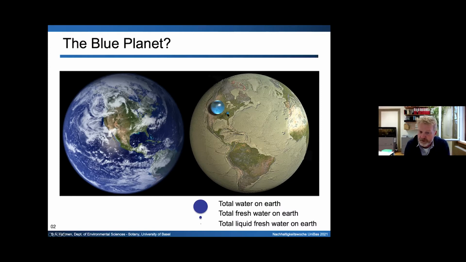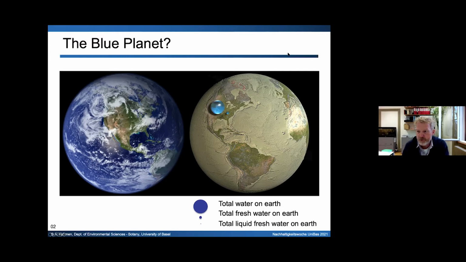And if we then consider that the majority of this fresh water is in fact captured in glaciers, in particular at the polar caps, in Greenland and in Antarctica, the fresh water that is actually moving around our planet and that is sustaining life on our planet is a tiny, tiny, tiny amount.